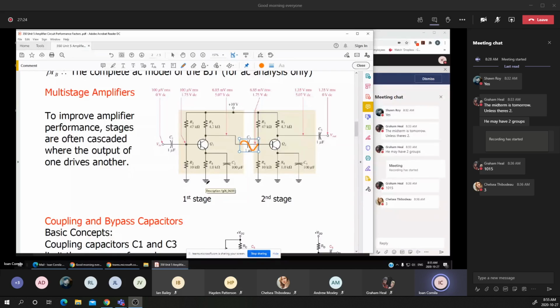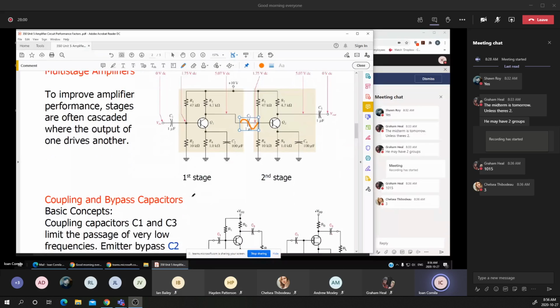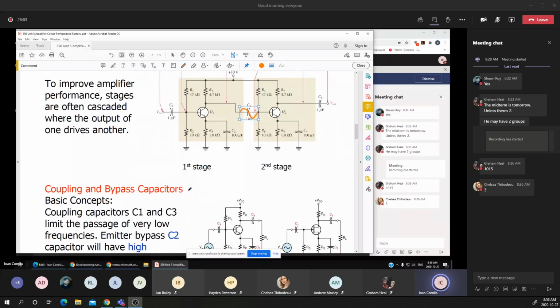To remind you about a capacitor, in DC circuits it will block the DC voltage, and it will act like a short circuit for the AC component, passing it from one stage to another stage, from the input voltage source into the first stage, and the AC component of the output voltage into the resistance value or the load of the circuit.